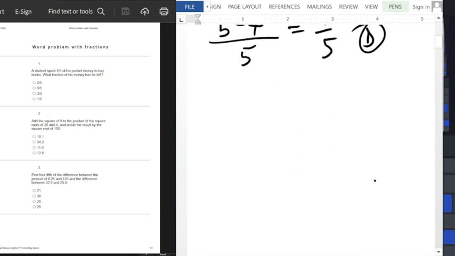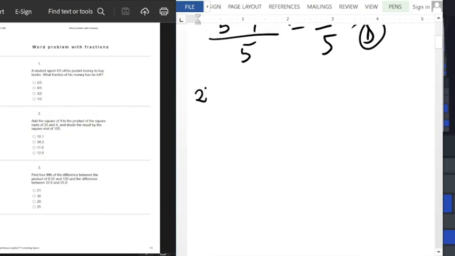So question 2. Add the square. So we have to be very careful with this question.